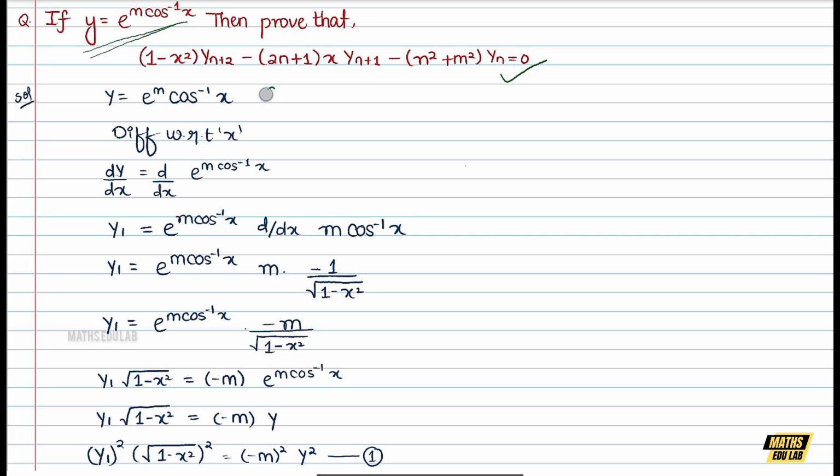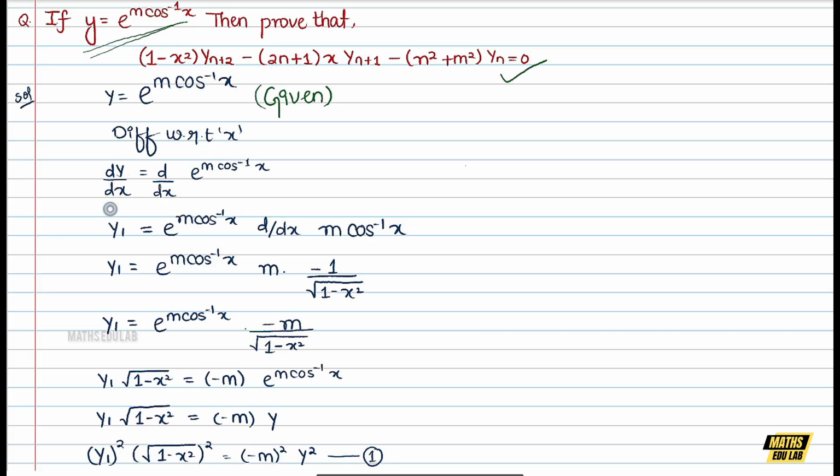So now consider the given equation y is equals to e to the power of m cos inverse of x. So it is in the power form, e to the power m cos inverse x. Okay, now we will do the derivative for the given equation. On differentiating that equation, you will get the answer as y1.